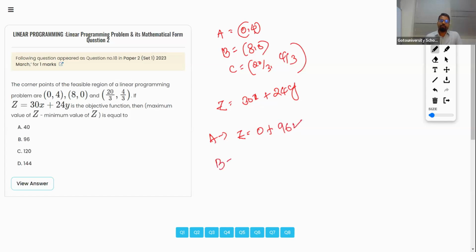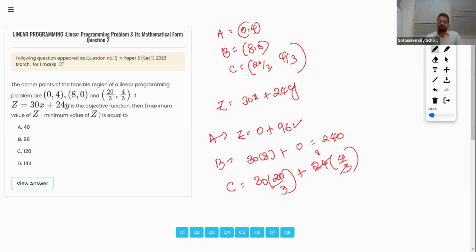If you substitute B, 30 into 8 plus 0, which is 240. What about the last one? 30 into 20 by 3 plus 24 into 4 by 3. 8 fours are 32. So the answer should have been 200 plus 32, which is 232.